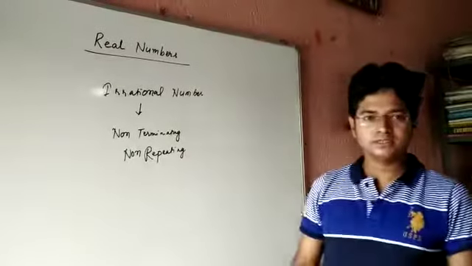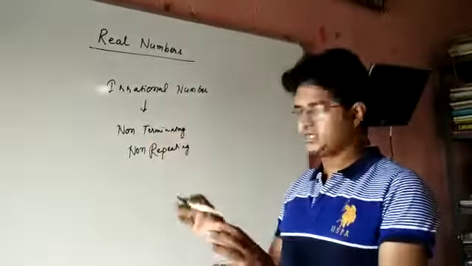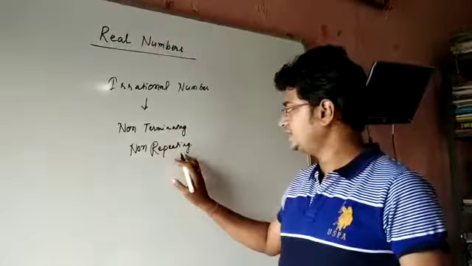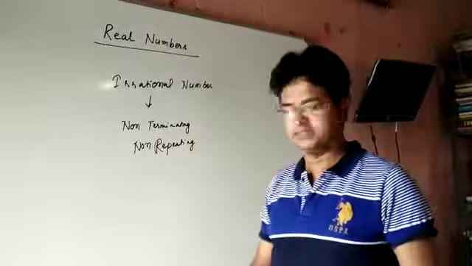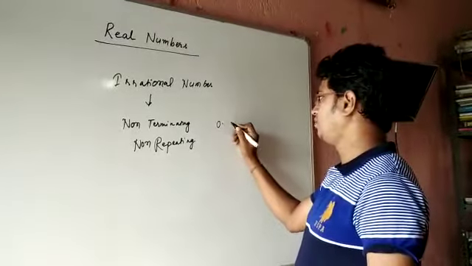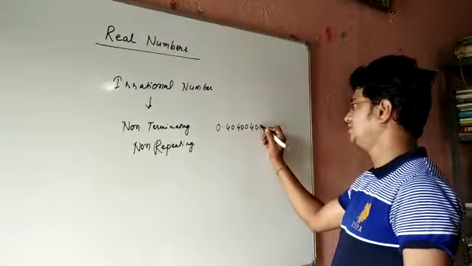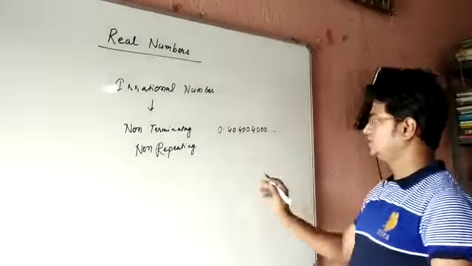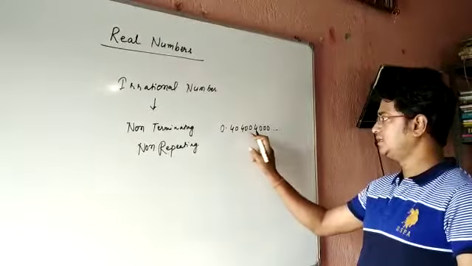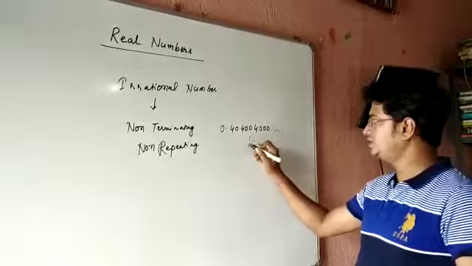The numbers which are non-terminating, which do not come to an end. Non-repeating means the same digits are not getting repeated. For example, suppose I take 0.40400 and so on. See, the digits are not repeating and it is not ending. So it is known as irrational number.